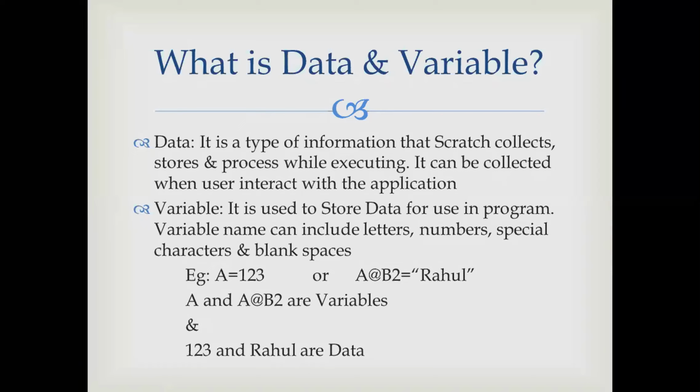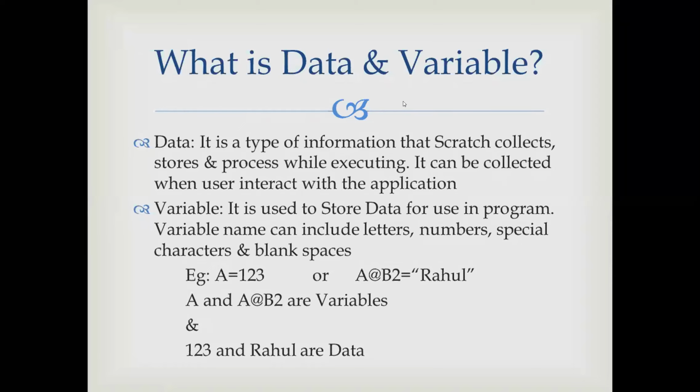For example, if I write a equals 123, then 123 is a value. If I ask you to enter your age and save it in age, then age is a variable, and the value which you enter will be treated as the data. Similarly here, a is a variable and a is storing the value 123. So that is data.